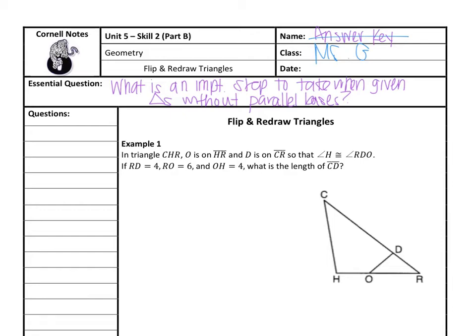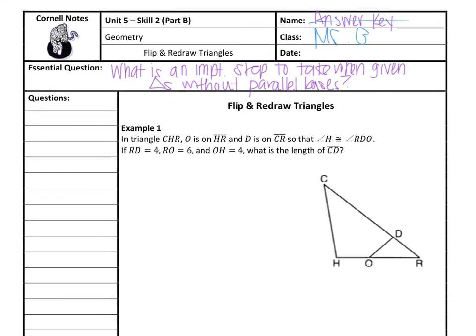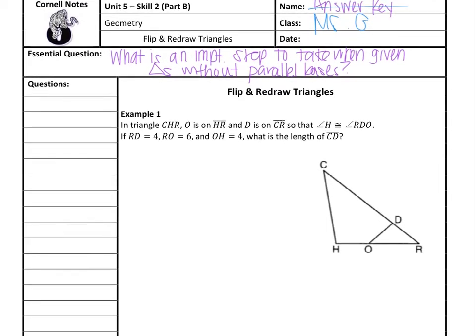If we take a look at example 1, it says in triangle CHR, O is on HR and D is on CR, so that angle H is congruent to angle RDO. Remember last class when we talked about the triangles having parallel bases and the angles being congruent, matching up to each other, they were next to each other, corresponding.